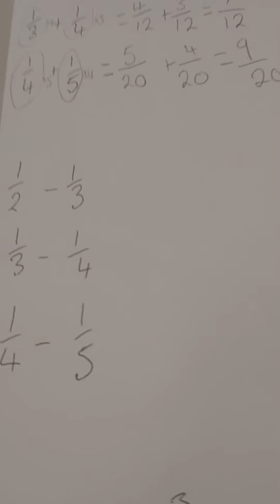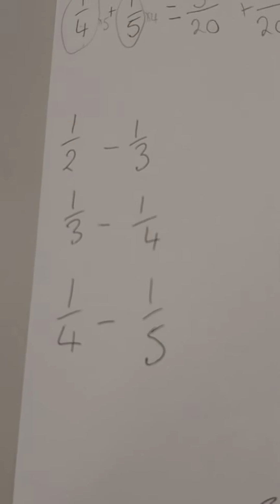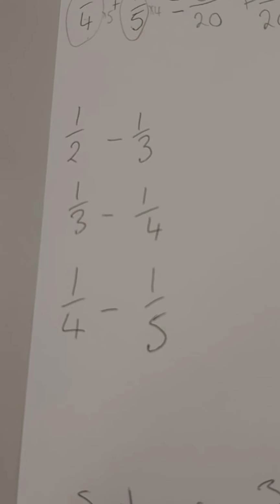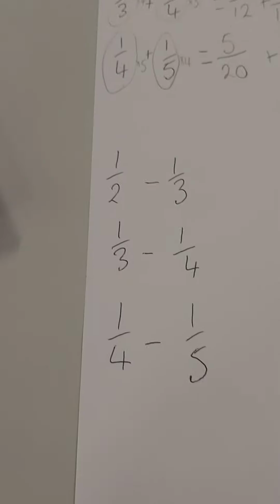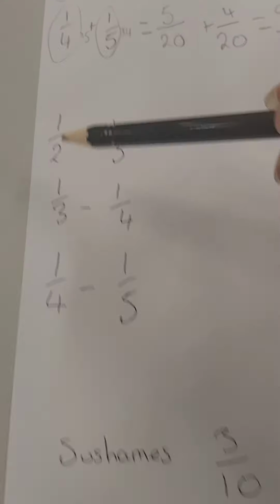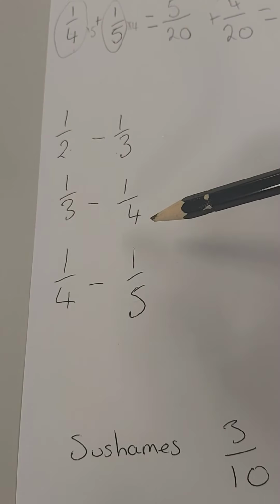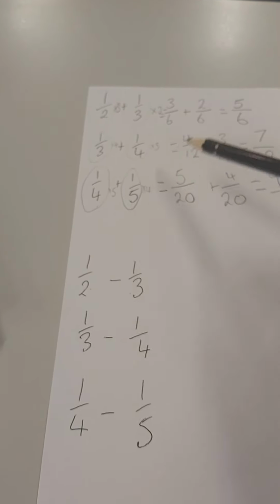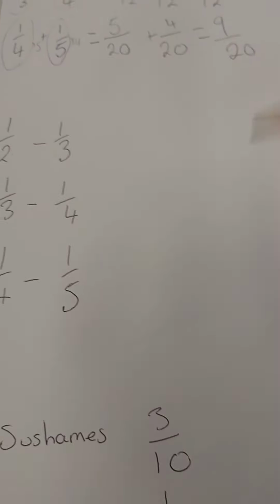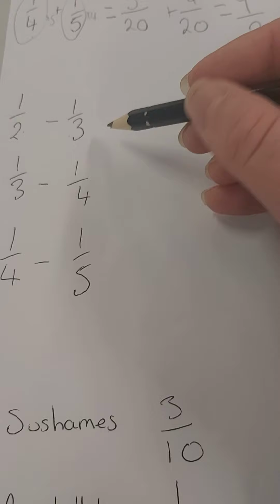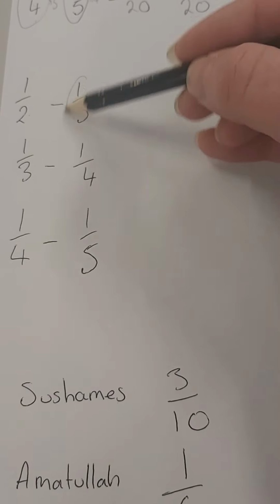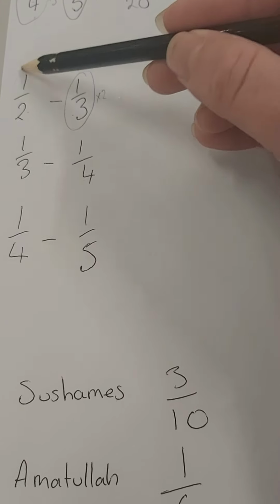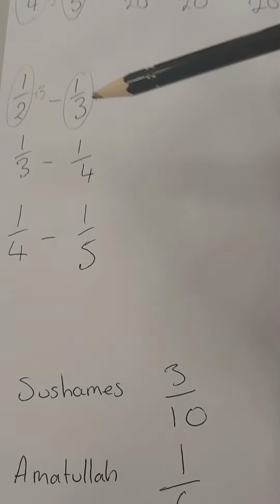Let's have a go at the second one. Now, the only difference here is that instead of addition, we've got subtraction. We still need to do the same thing, okay? So I need to find a number that both 2 and 3 go into, and we already know that the number they both go into is 6. So we've got everything in here being times by 2 and everything in here being times by 3.